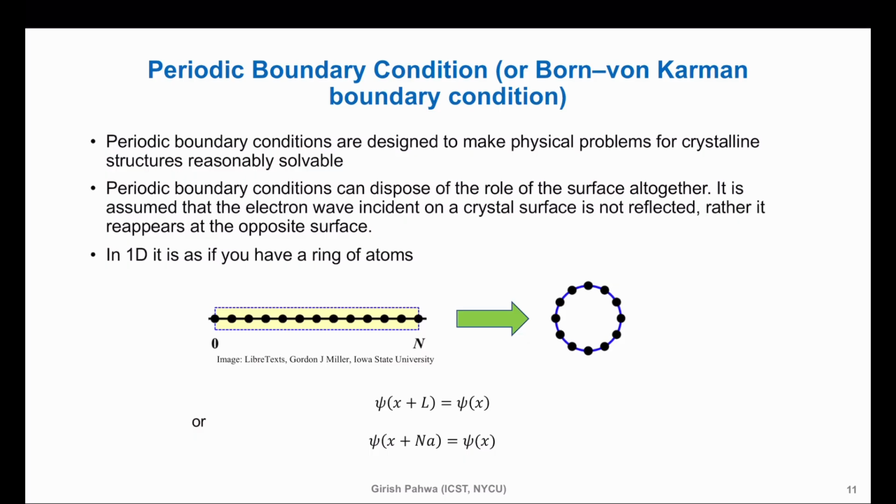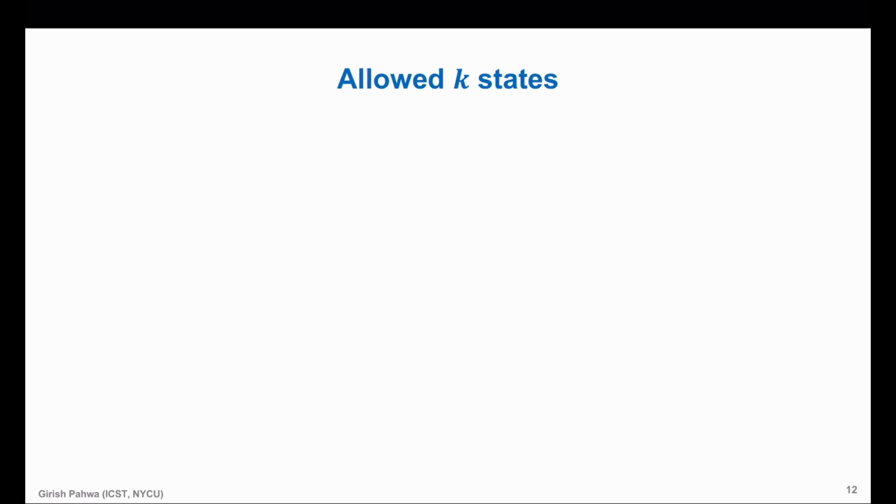And now let's talk about what this K is, the allowed K states. Again, I'll go back to the infinite potential well. By applying the boundary conditions, what did we get? Allowed energies, energy eigenvalues, h square k square by 2ma square, or you can also say allowed k values.